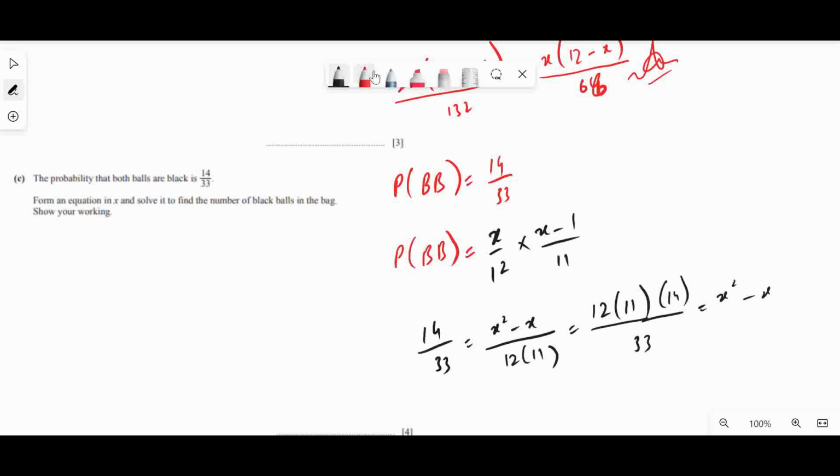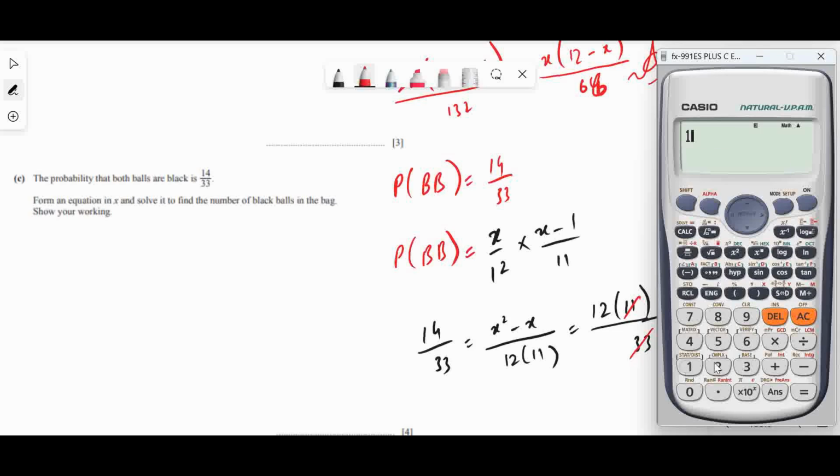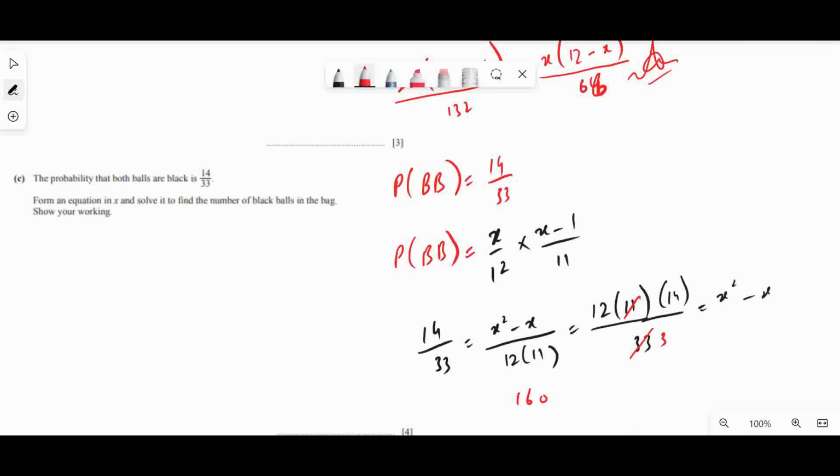So we can cancel out these two. 11 ones are 11, 11 threes are 33. So 12 into 14 is 168. So 168 is equal to 3x square minus 3x.